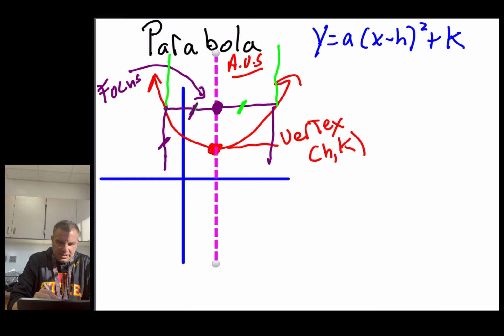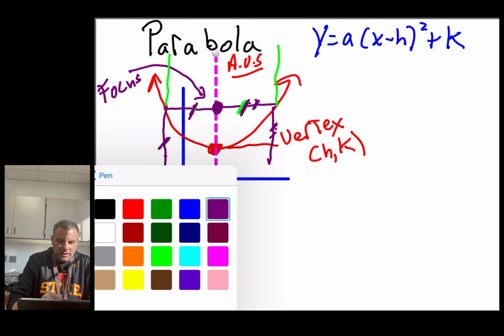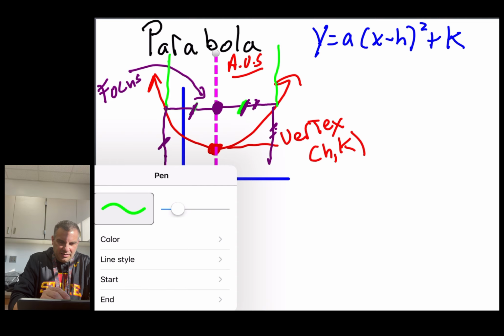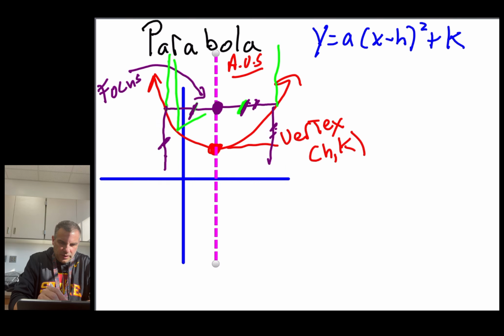This distance here and this distance here are going to be the same. If I drew another one in here and said, okay, we're bouncing off there and going up to there, this distance right here is actually going to be equal to this distance right here.